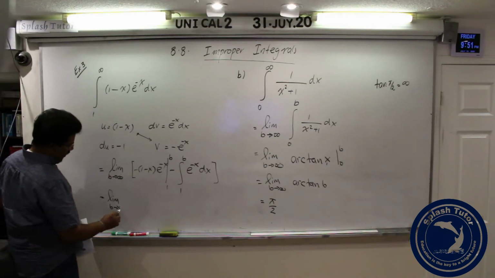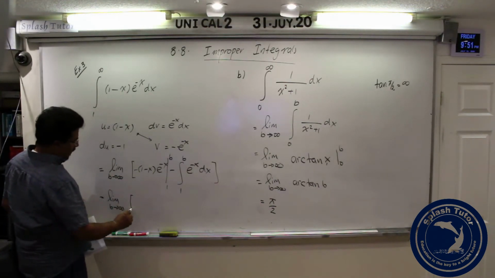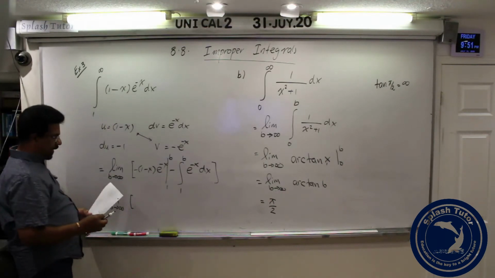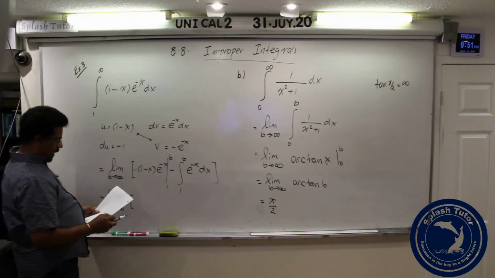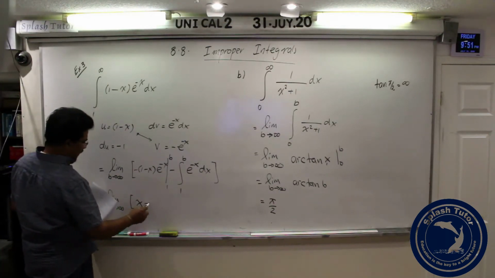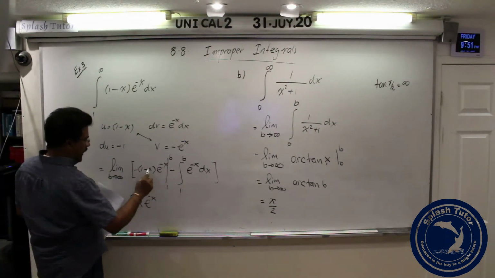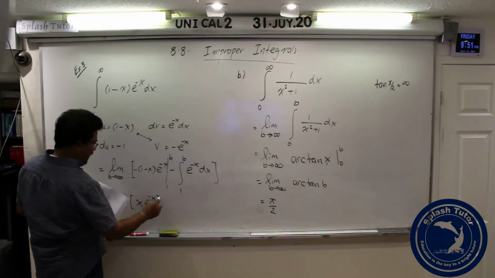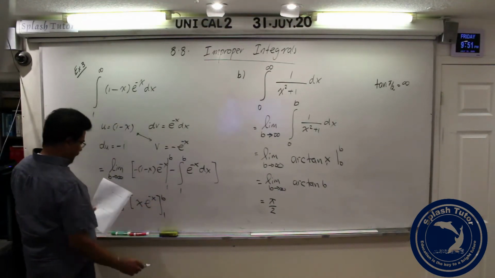As b goes to infinity, finally, when you integrate this e to the power x, that is plus, that is the e to the power x times e to the power minus x, because these two cancel here, from 1 to b, right?